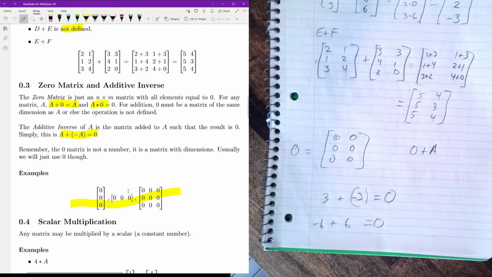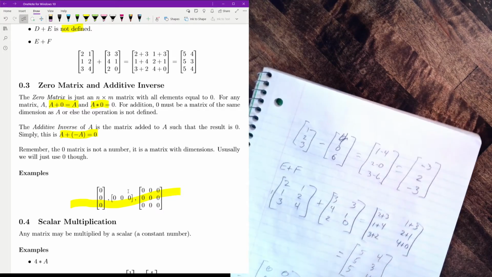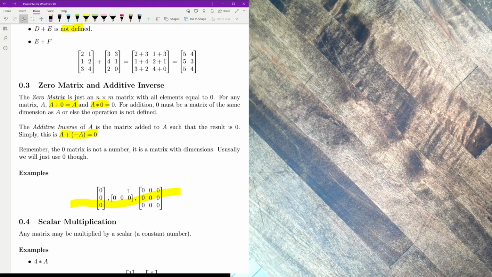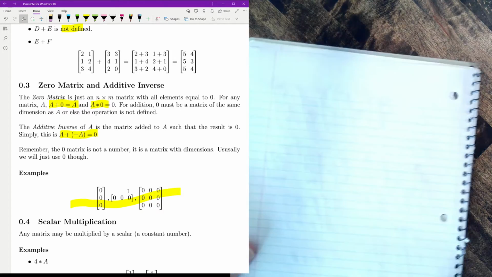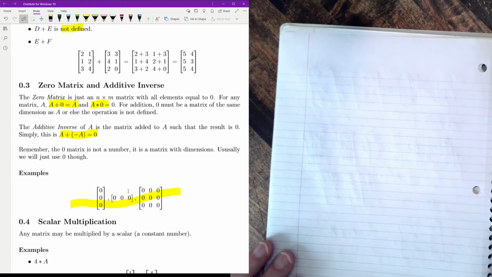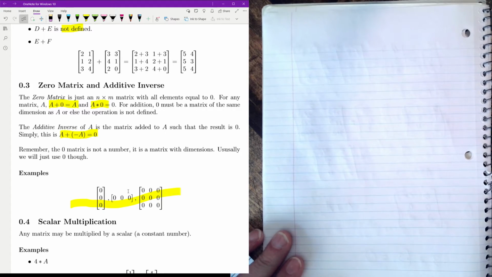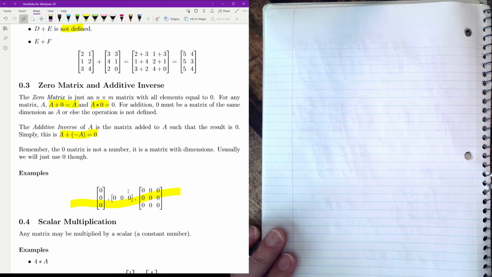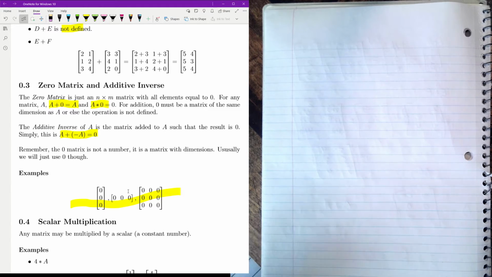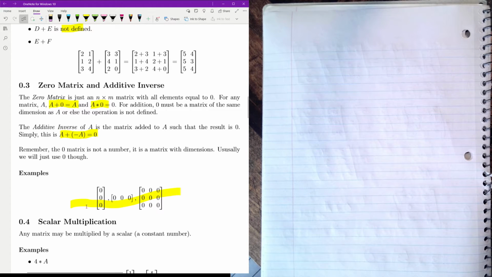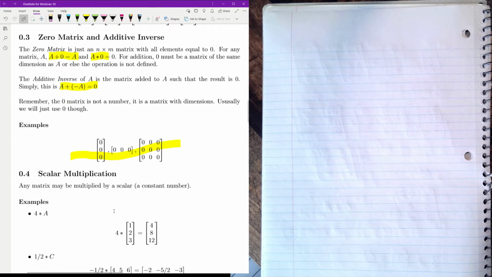Scalar multiplication. You can multiply. Scalar is a constant value. Scalar is what we typically have been thinking of as being a number. So 5 is a number, a scalar. 3 is a scalar. Minus 10 is a scalar. It's generally what we've always been calling a number. Now we're going to call it a scalar because we're using it with matrices, and we call it scalar multiplication.